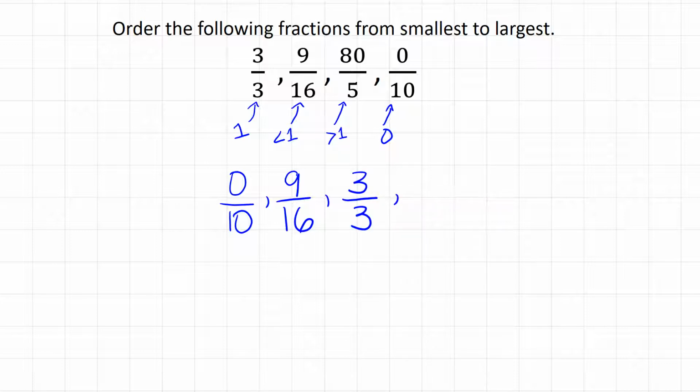And then finally, my fraction that's the improper fraction, which is greater than 1, will be my largest fraction, 80 over 5. So using what I learned in the lesson, I'm easily able to order my fractions from smallest to largest. And this is my final answer.